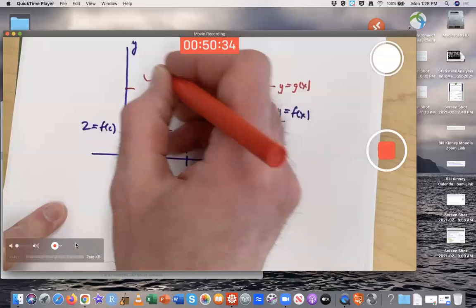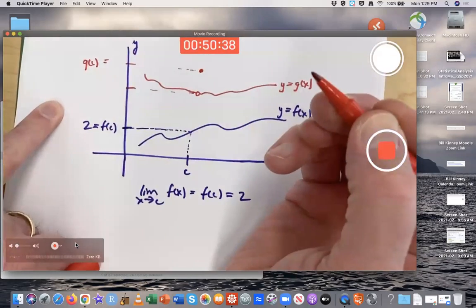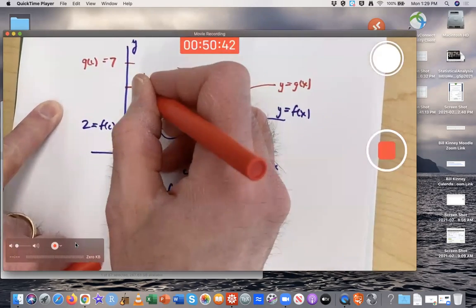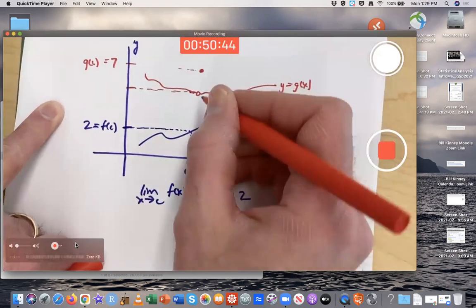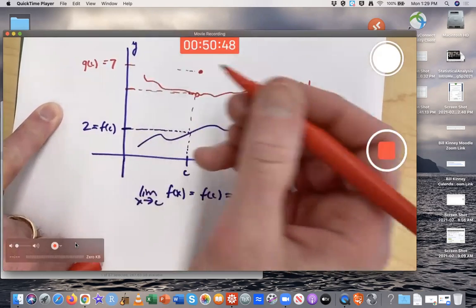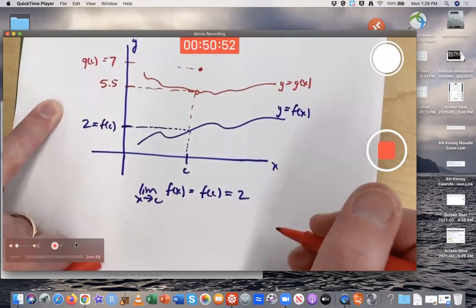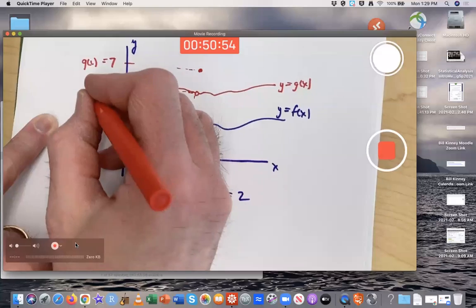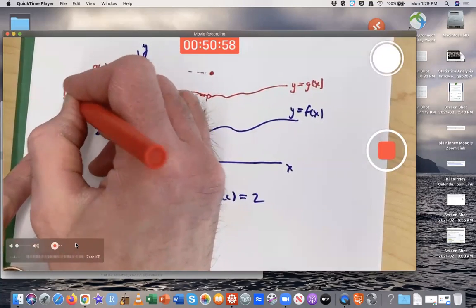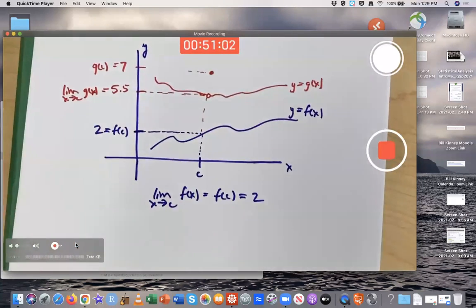Maybe the actual value of g of c, just to pick something specific, is, let's pretend, 7. Whereas the limiting value of g as x approaches c is not 7, but maybe it's 5.5. That's the limit as x approaches c of g of x, but this is g of c itself, 7.